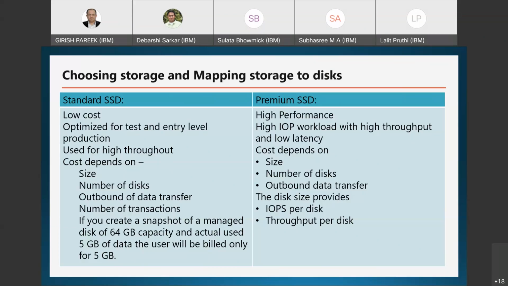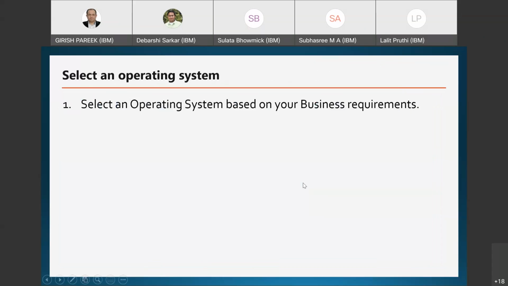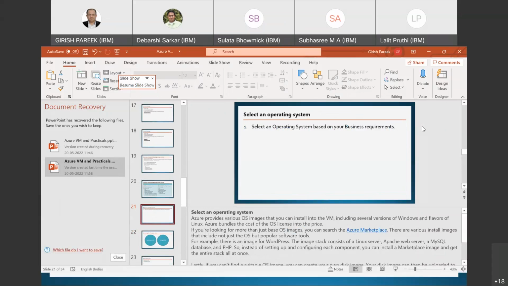So in case you need more input output operations, you will be able to use the premium disk. So you can select your operating system based on your business requirement, and then you can use it the way you want.